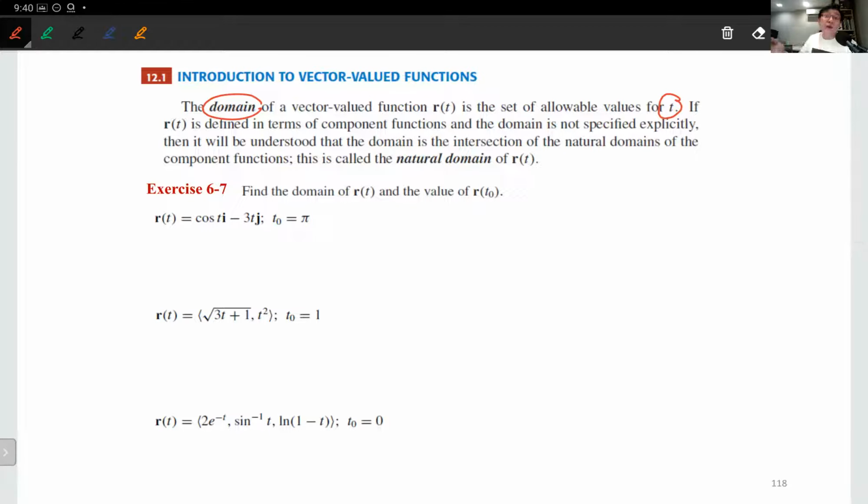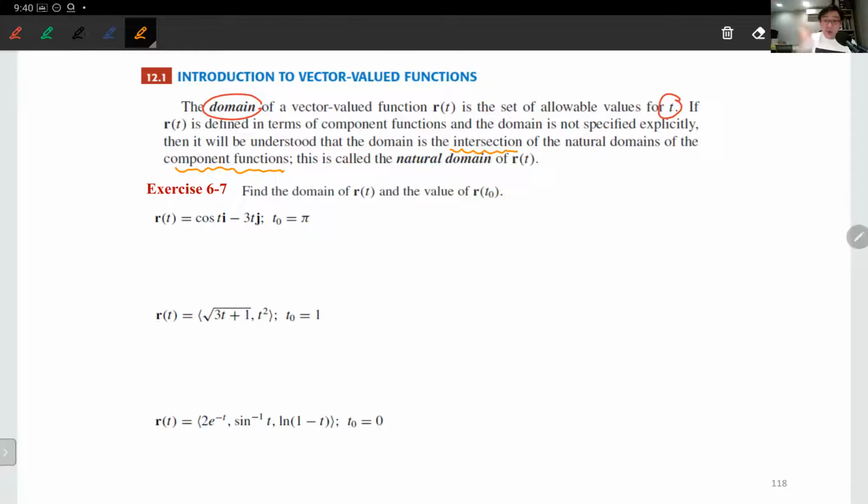However, because now you have three components, x, y, and z, you have to take into account the intersection of those domains in x and y and z. The reason you need the intersection is because you have to take the smallest set possible. If there are some exceptions in the y-axis or z-axis, that's not good. So you want to take the smallest set that satisfies the x, y, and z components of your function. That's all. So that's why you need the intersection of the natural domains of the component functions.